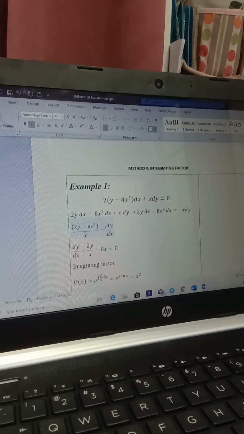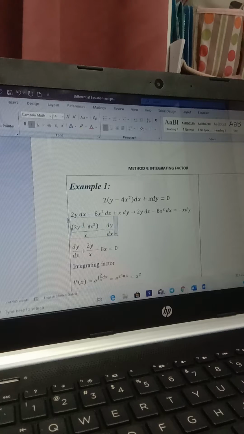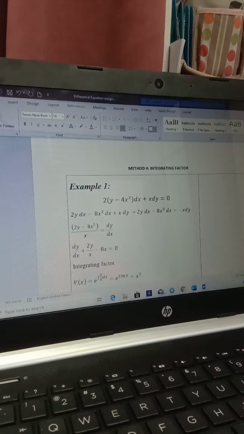Okay, after that, we want to make it easier. We use the separation of variables, and we will get dy over dx. So it will look like this: 2y minus 8x squared over x. Then we make it easier with dy over x and negative 8x squared over x. I don't write it all to keep it simple.